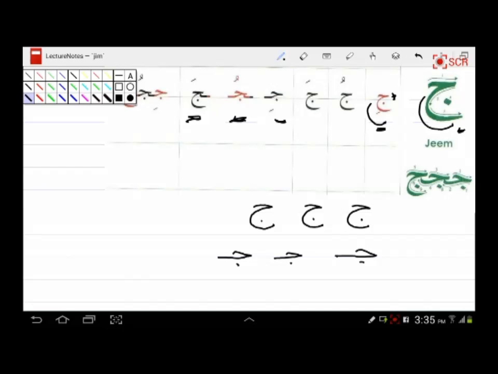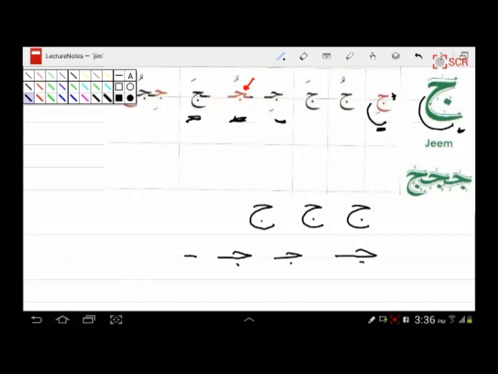Now in the middle, just give it a dash, or a right arm, so it can connect to the previous letter. But please note, in this form, do you see anything different? Yes, the jim is a little bit lifted up. So how are we going to write that?